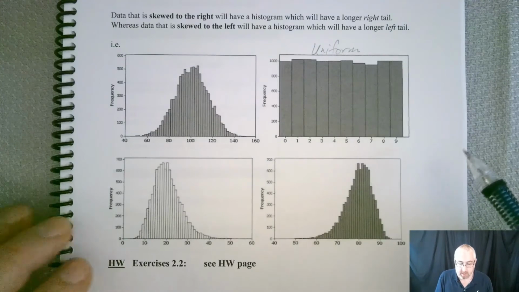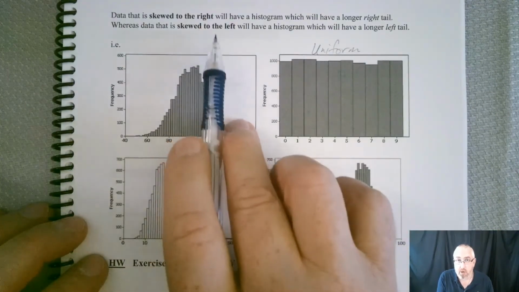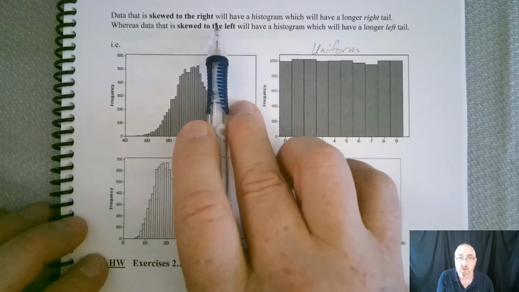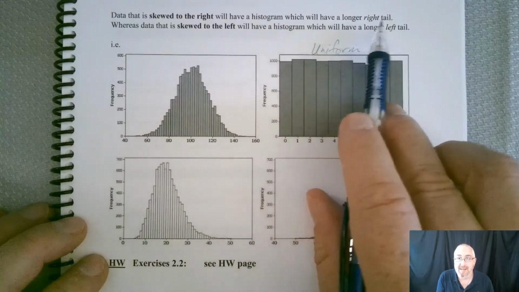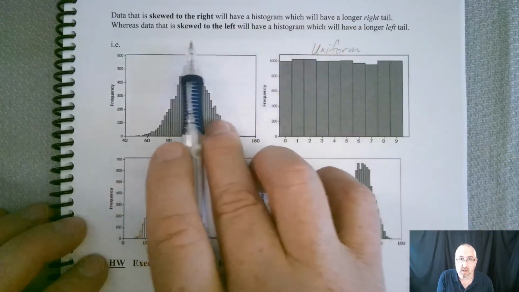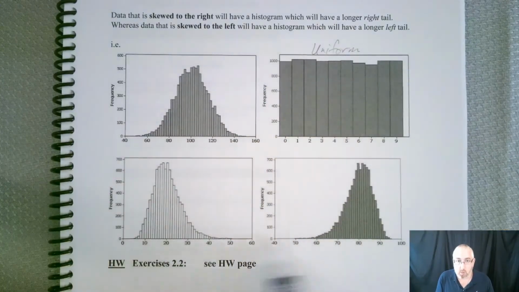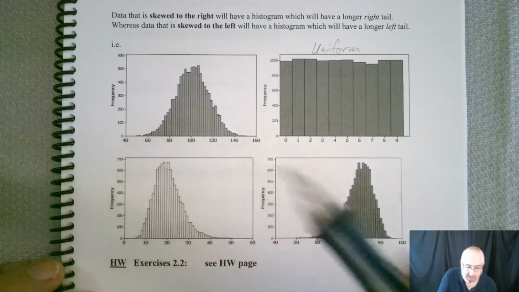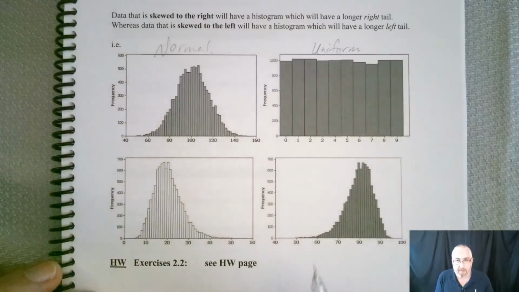All right. Now, as far as skewed to the left and skewed to the right, this is a kind of a weird one, but if you read it, it explains it. It says, skewed to the right will have a histogram which will have a longer right tail, and skewed to the left will have a histogram which will have a longer left tail. So which one is which for these? This one here, you can kind of probably guess that this one's just a flat out normal one. But I mean, it's not perfect.